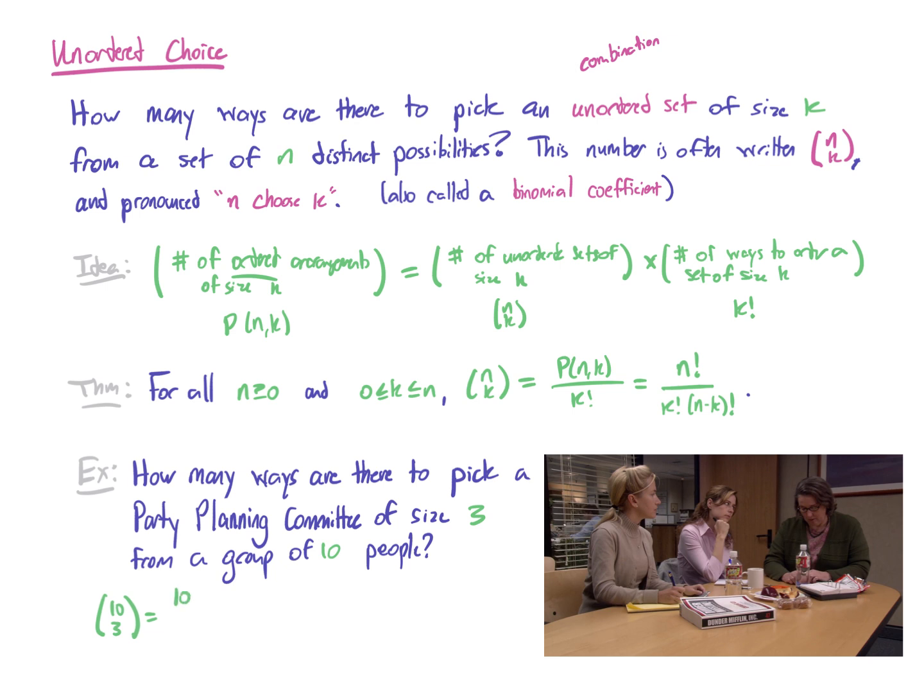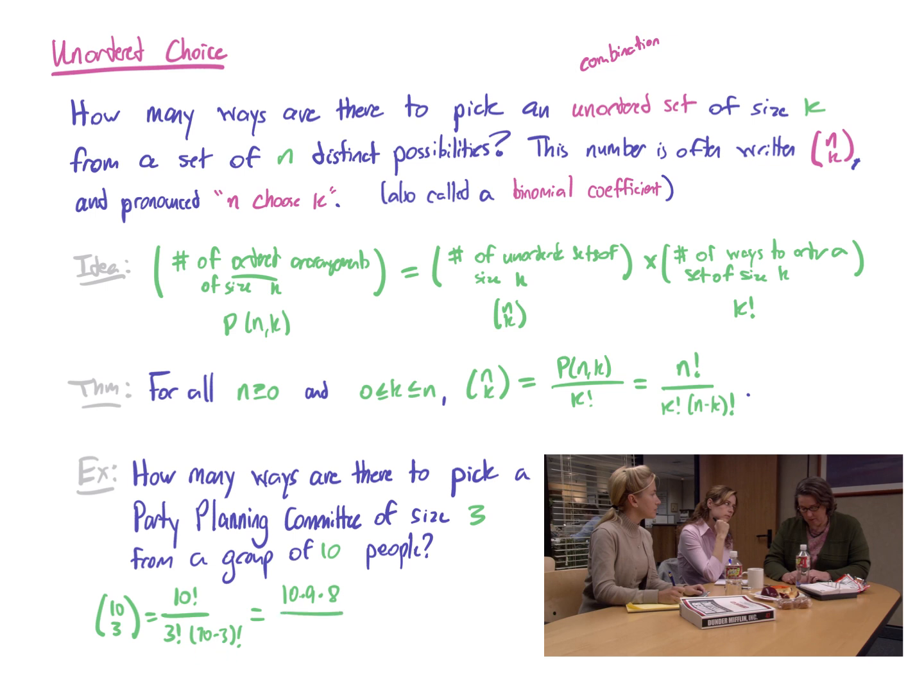We have 10 factorial over 3 factorial, that's the number we want to pick, and then (10 minus 3) factorial, that's who's left. And then if we write all this out, we get 10 times 9 times 8 up top. I'm not going to write the rest of that because it's going to be canceled out by the (10 minus 3) factorial here.